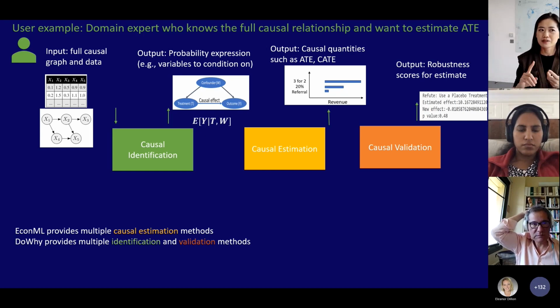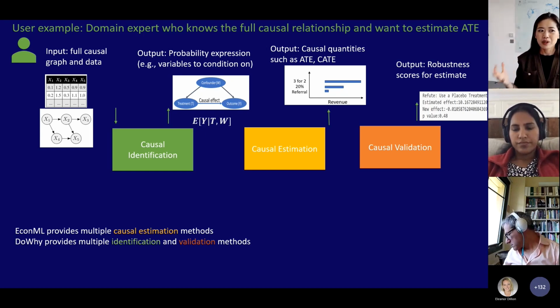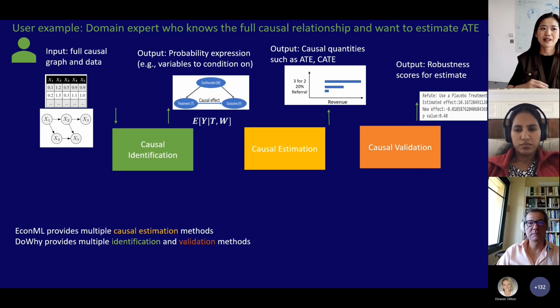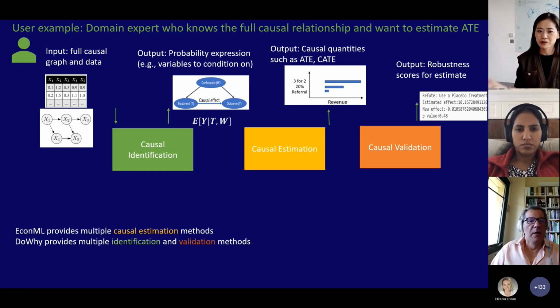So they know the causal graph, they know the full data, but they don't have the causal concepts, like what the confounder is, etc. In this way, you can use DoWhy combined with EconML, which can provide the whole pipeline to take such input and tell you what the variables to condition on are, and give you the causal quantities for your decision making. So this gives a more powerful tool to address users who know their own domain, but not causality.